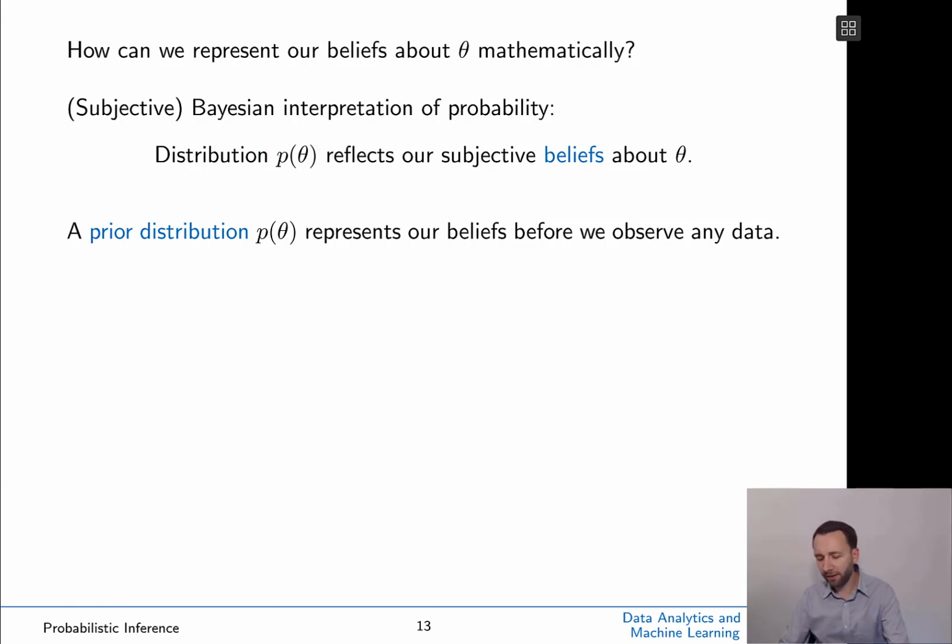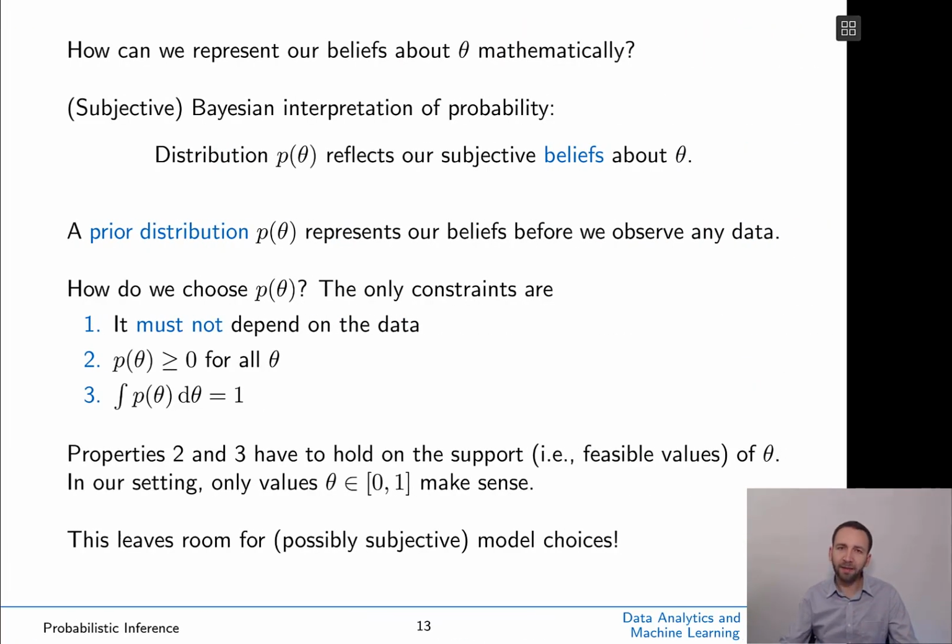So you see there is no data term involved, right? Before, we had P of D given theta, the data given theta, which was our likelihood function. But crucially, here there is no data. This is our belief about a coin without having done any experiment so far. Meaning before you have done these 10 draws, you have to make up your prior belief, your knowledge, about the coin. And this is indeed very crucial.